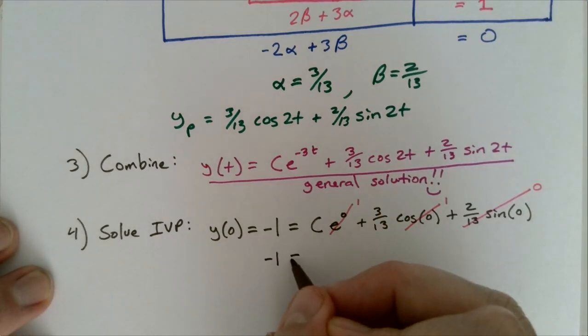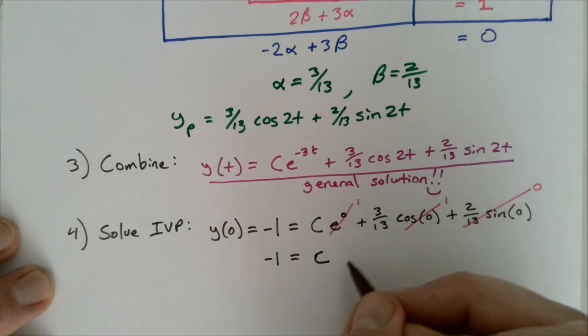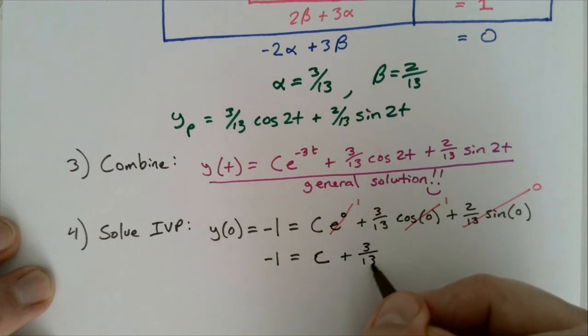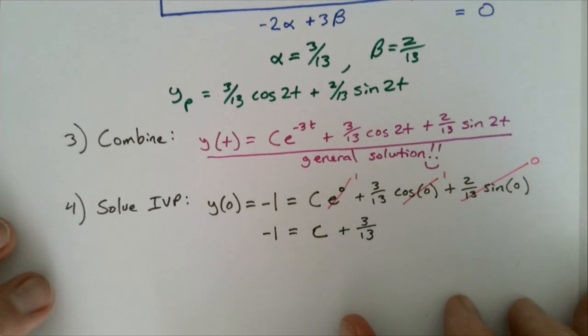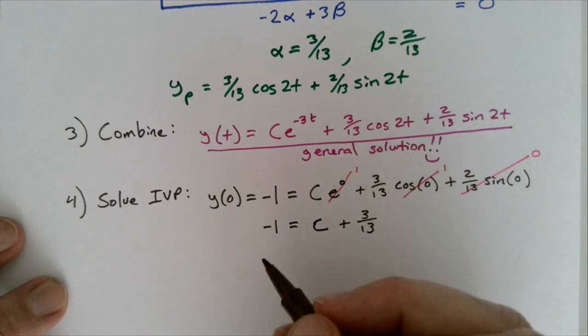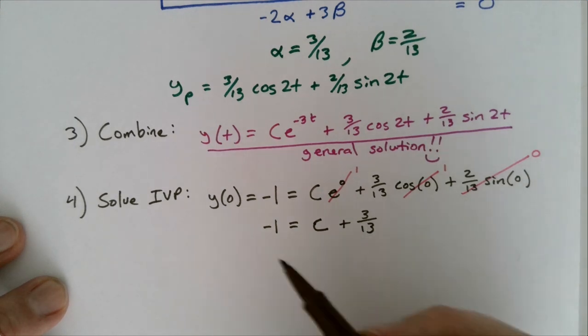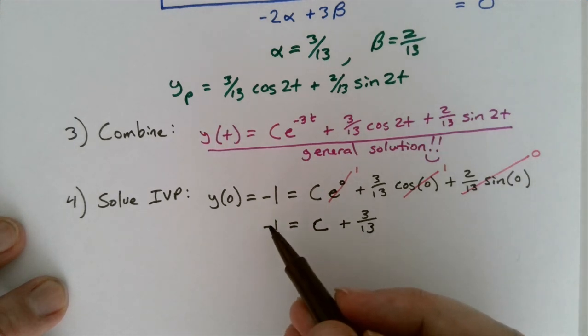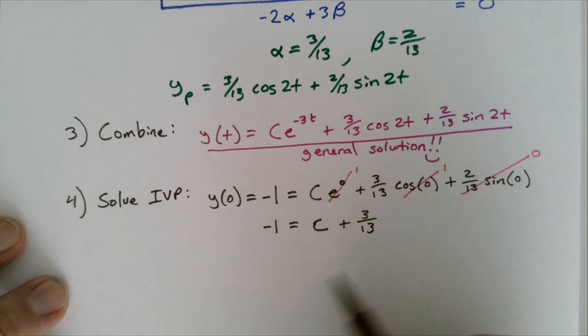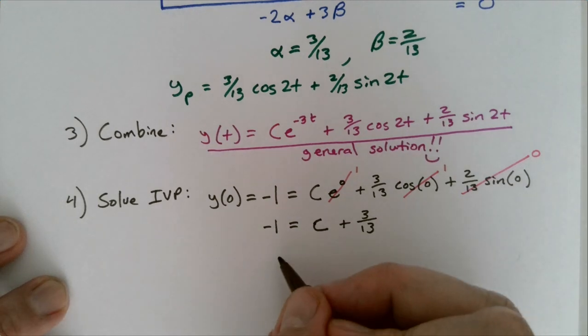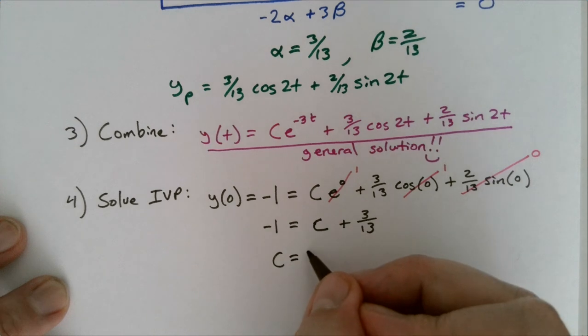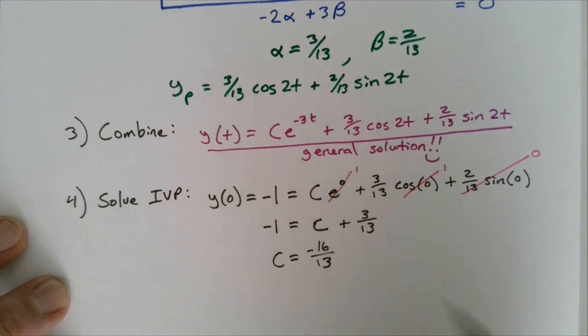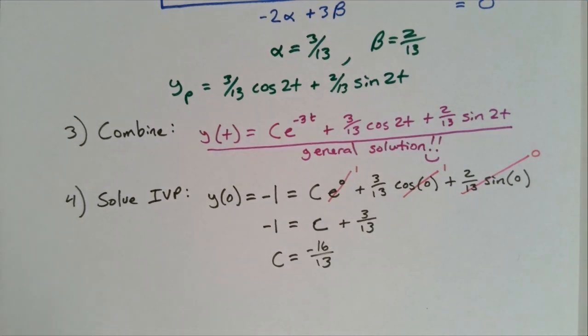We get -1 equals c plus 3/13. And with a little bit of effort, we subtract the 3/13 to the other side, so we have -13/13 minus another 3/13, and that means c is going to be equal to -16/13, the exact value of the constant.